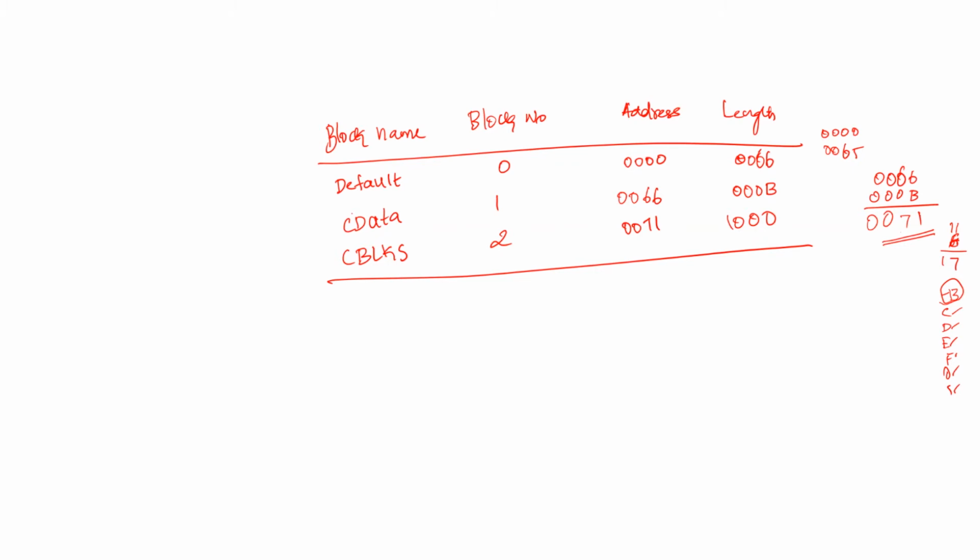So these 3 things you have to note down: first one is the block number, then the starting address, then the length. In the program it will start from 0, 0, 0, 0, but here after the default block is over, it starts. Then you have to find the size. Then you have to add these two to find the starting address. Then the size of the C block.